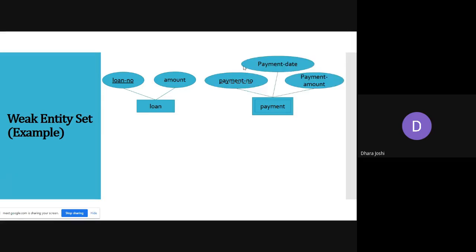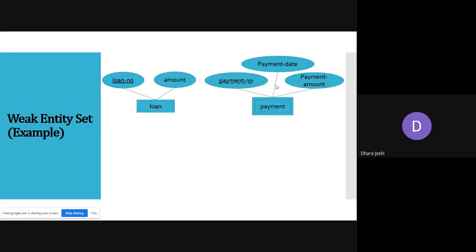But payment has this many different attributes: payment number, payment date, payment amount. We are talking like this: if we have a loan of 4 lakhs rupees, so we are giving installments. For each and every installment, we are giving payment. So those installments do not have any primary key.